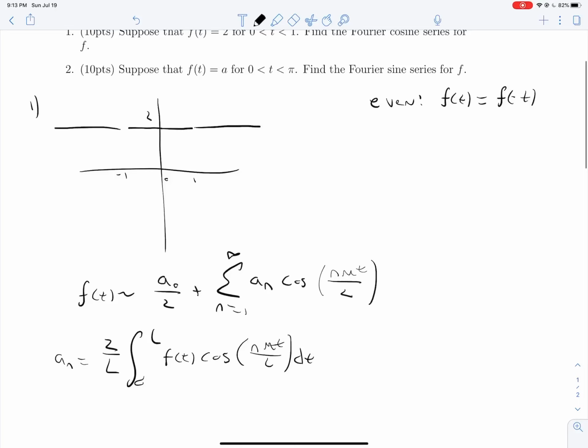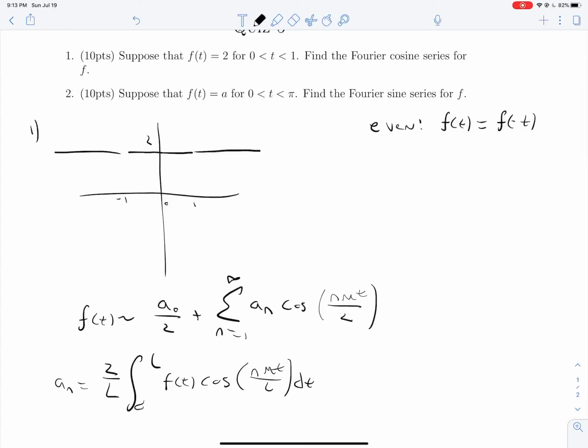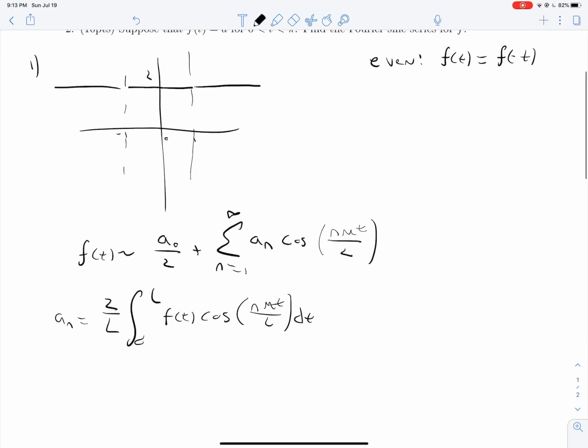Now we can replace some things in here. We know that L is the half period of our function, and since we extended our function to run from negative 1 to 1 in one period, that means that our half period is just 1. So I'll do some replacement over here. n pi t, that looks good. Then what does this f of t get replaced with?